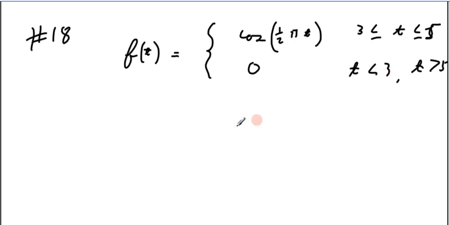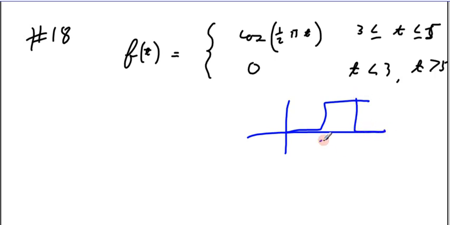Okay, so I look at that and I say, well, what the heck is that? Well, my unit step functions, one goes to 3 and up, and the other one at 5, I'm going to go down, 3 and 5, and I'm just looking for something in there.